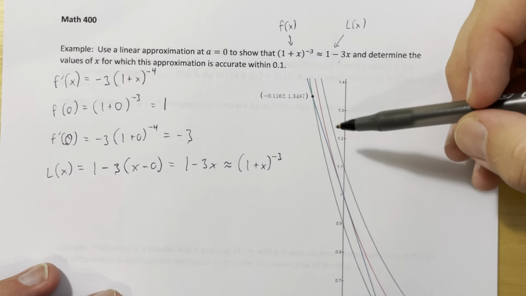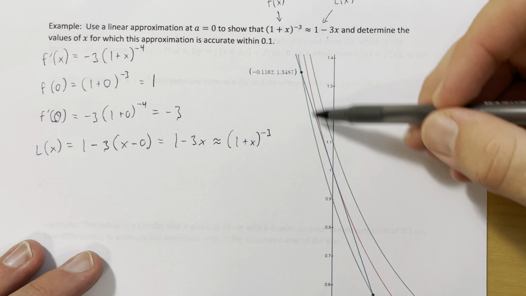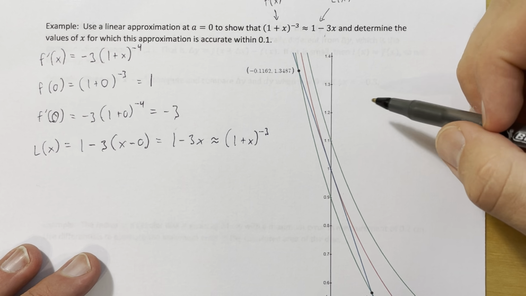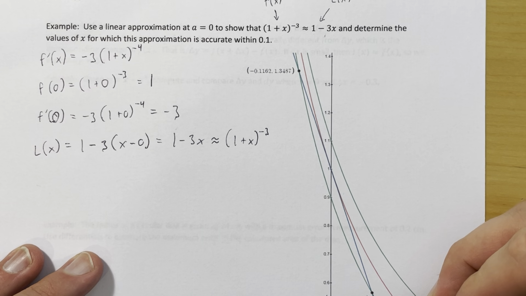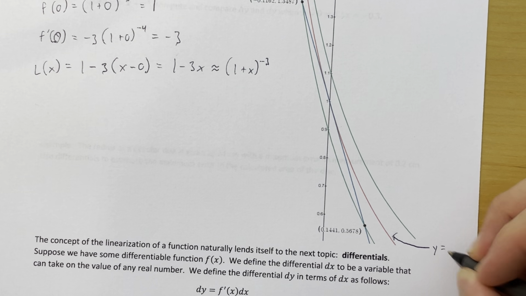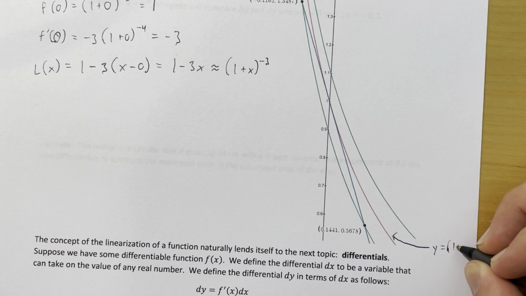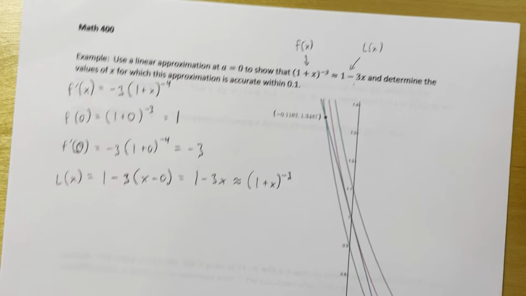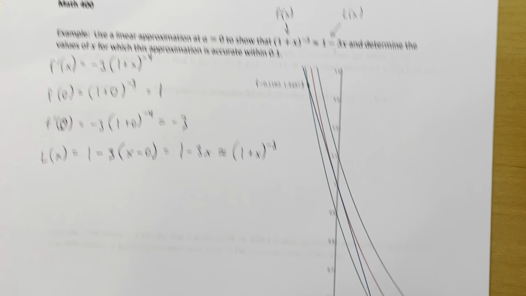Okay? Now what I've done here is I've set up a graph in Desmos, and there are 4 different functions being graphed here. So this red curve right here is the function y equals 1 plus x to the -3rd power. That's the original function that I was trying to approximate in the first place.